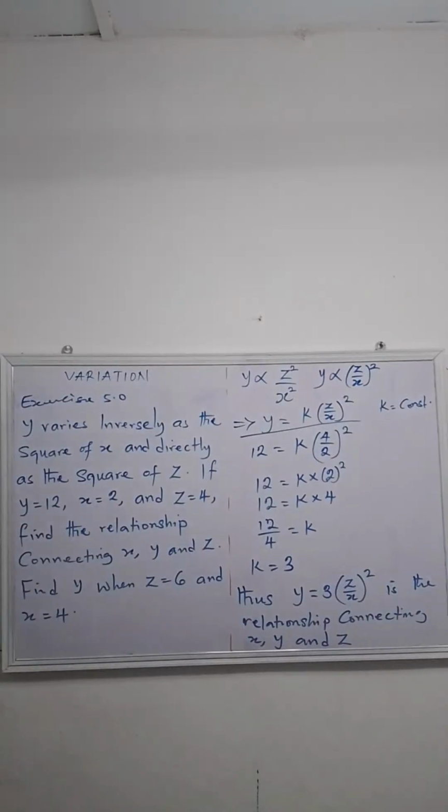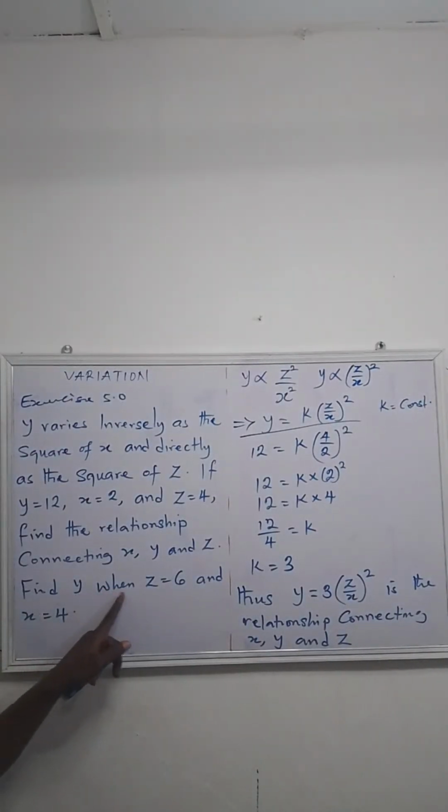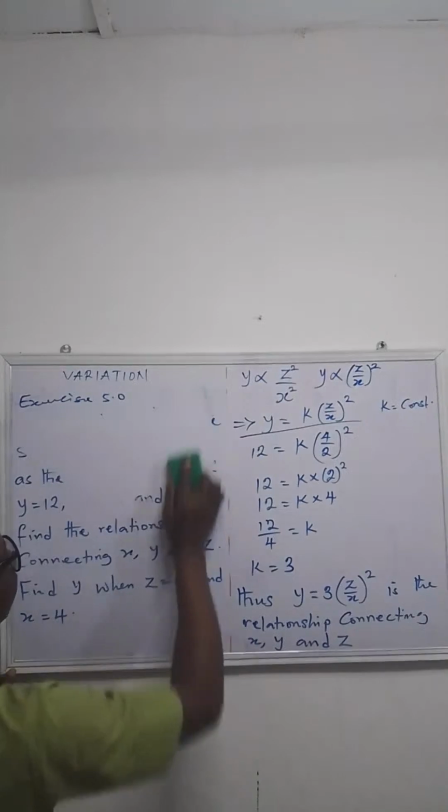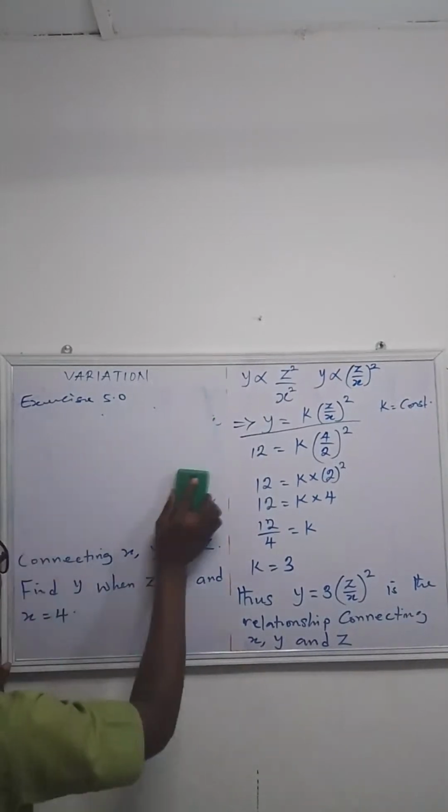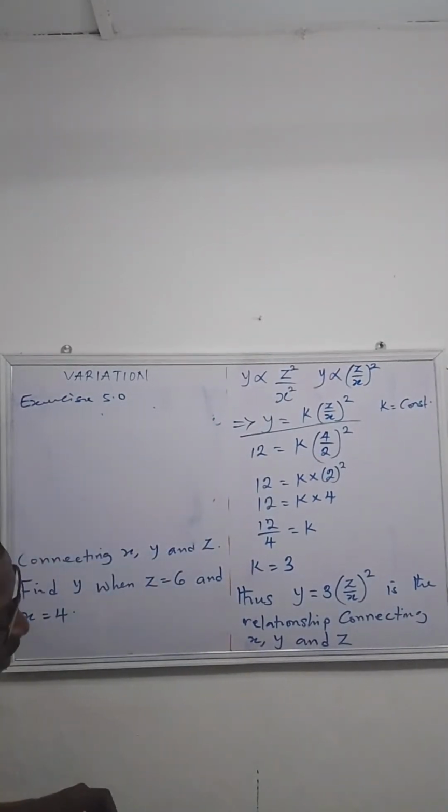So now, can we move down to the next part of the question? The question asks us to find y when z is 6 and x is 4. Now, let's plug in the values of z and x.